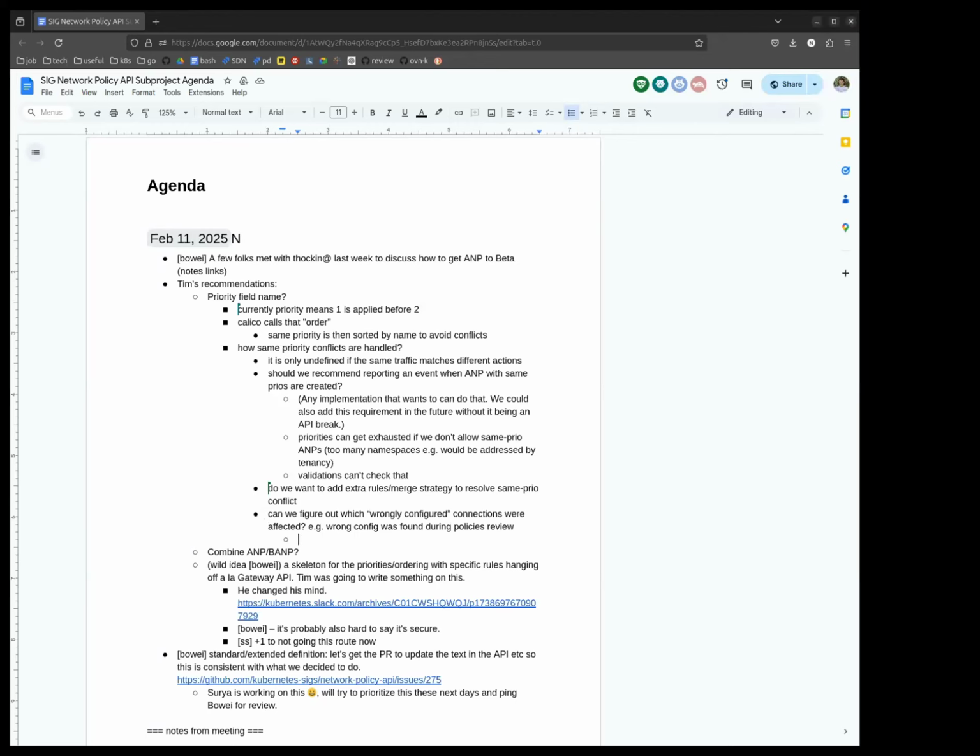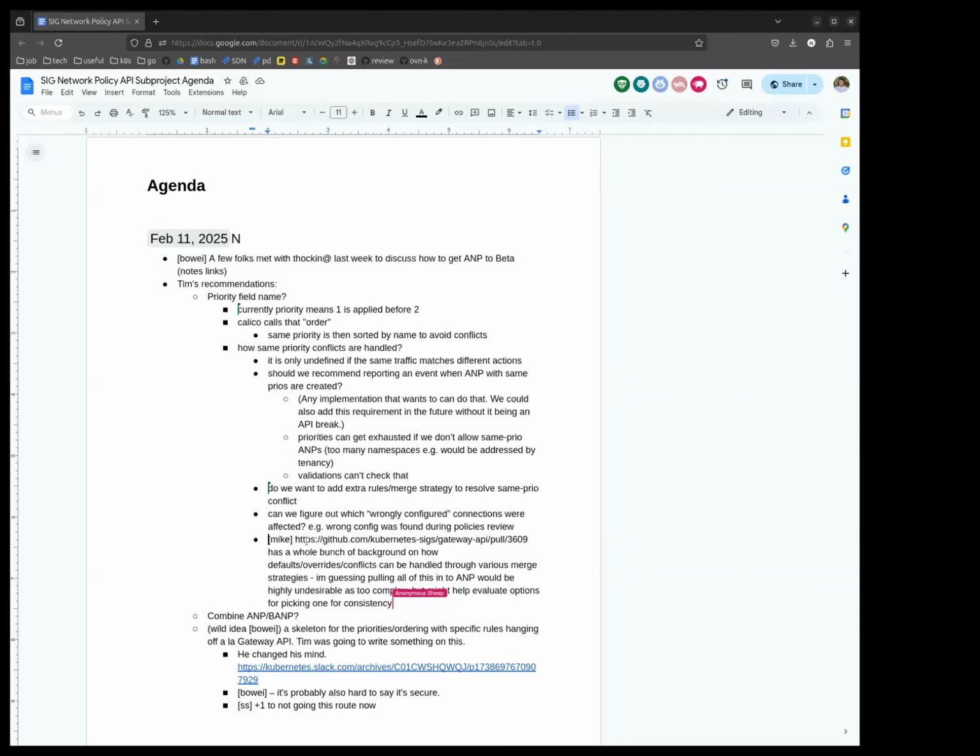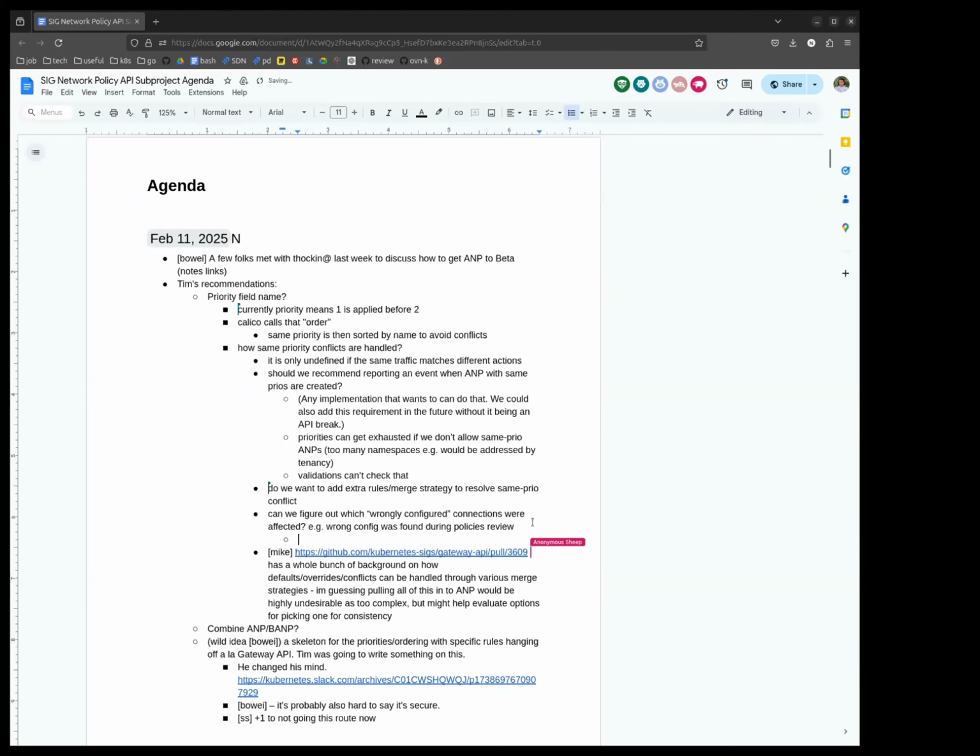I agree with Nadia. I don't see that it is more likely for people to mess up with overlapping priorities than it is for them to mess up with distinct priorities. If you have both wide-ranging rules that allow packets and wide-ranging rules that deny packets, you really have to be thinking about your rules carefully.